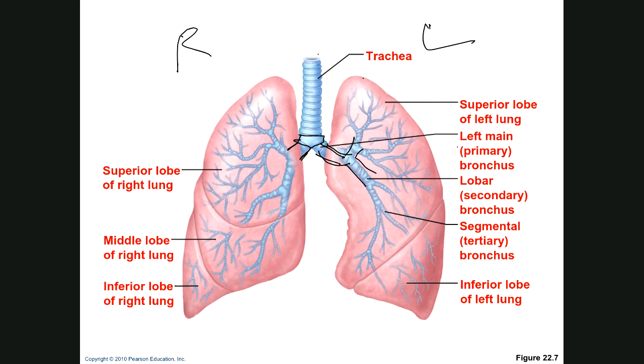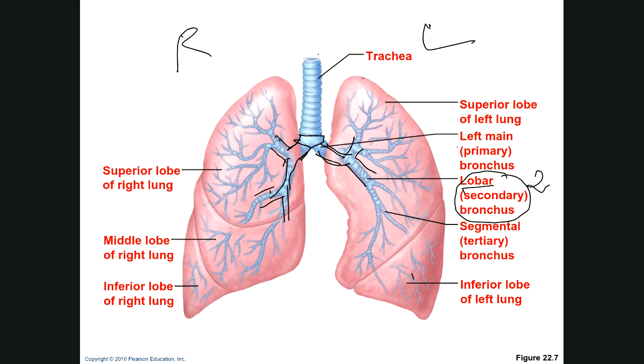There we go. They're called lobar because they're going to go into the lobes of the lungs, and there are two lobes on the left lung. There are three lobes on the right lung.